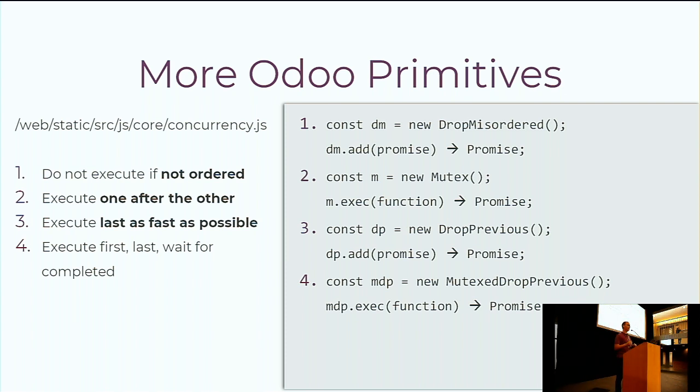So for instance, I don't know if you know the application Studio. There's a report editor there. On the left panel, you can change the font size and all properties, put text bold and so on. But the funniest one, I think, is the font size, because there's a button you can click and it will increase the font size by 1 every time. So for this, we use mutex drop previews, because what we want is some kind of feedback quickly for the user to know he's going in a good direction.